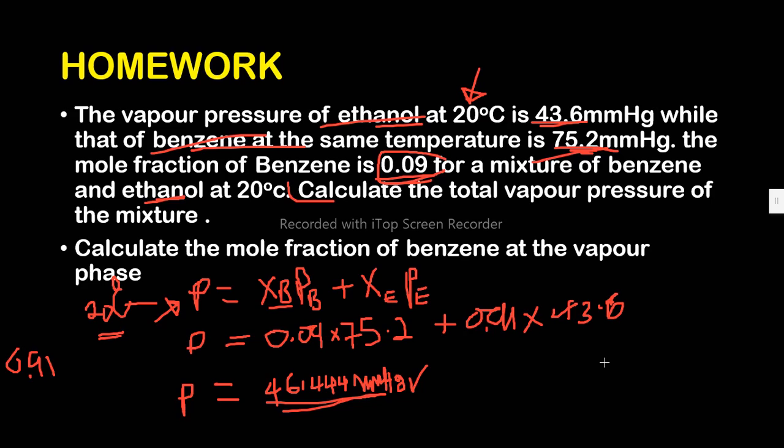So we shall get this product of 0.09 times 75.2 over 46.444, and we get the value. So what is the value?